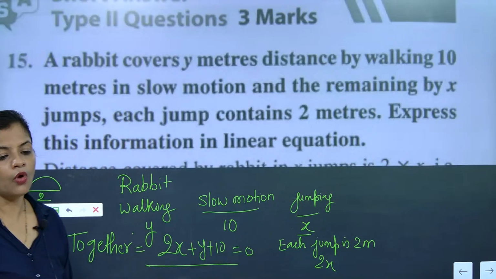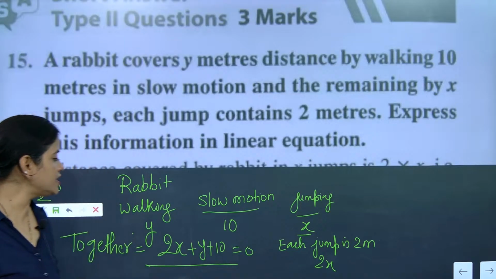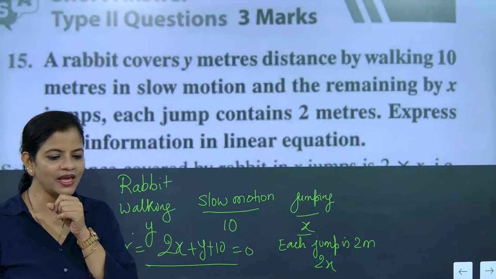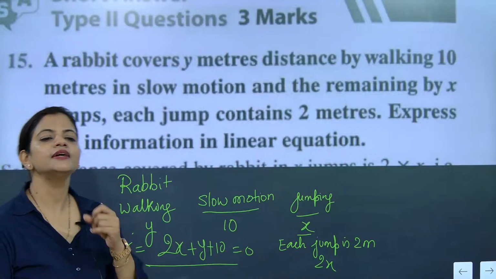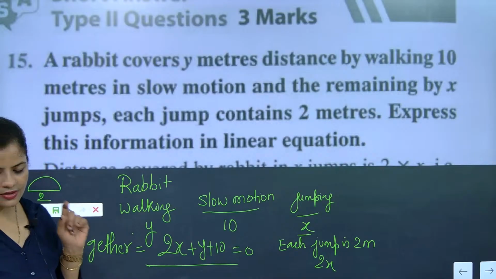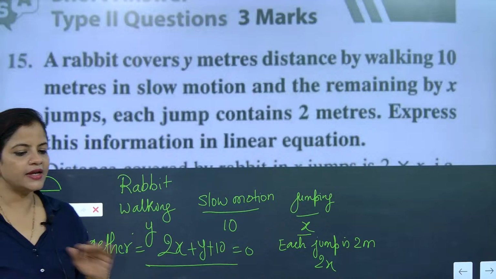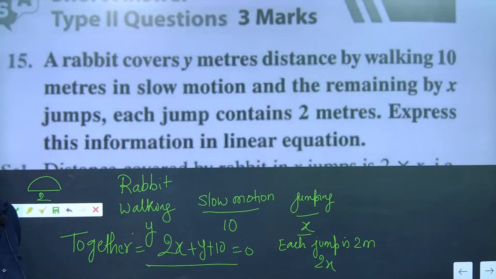So what is A? 2. What is B? 1. What is C? 10. Understood? A is 2, B is 1 and C is 10. I hope you might have understood.